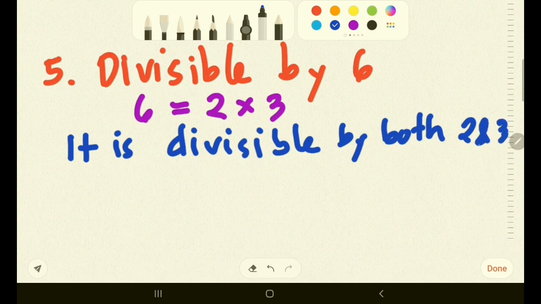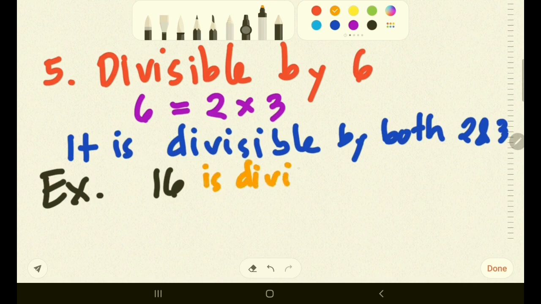Let's have an example. 16. 16 is an even number, meaning it is divisible by 2.